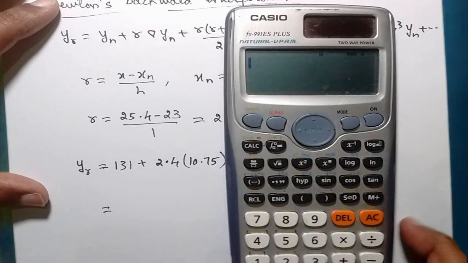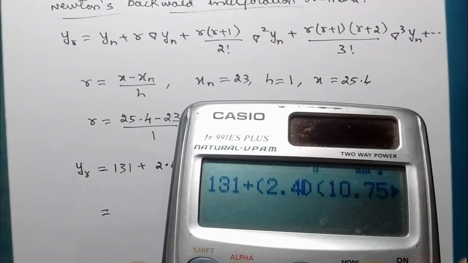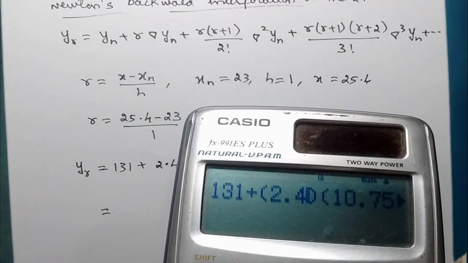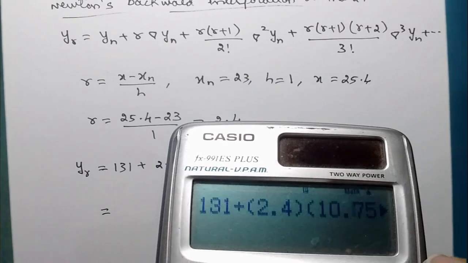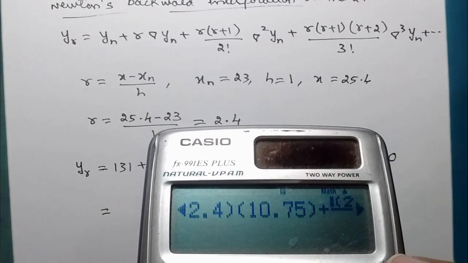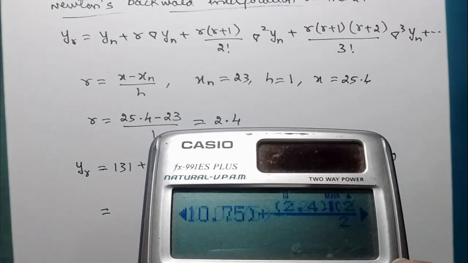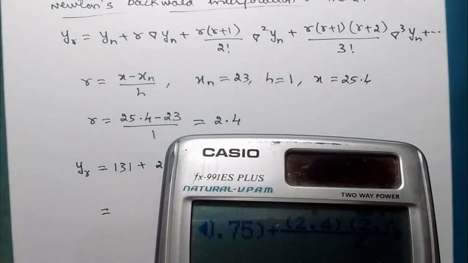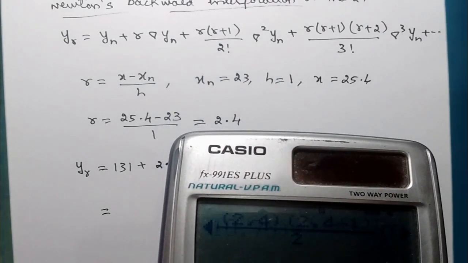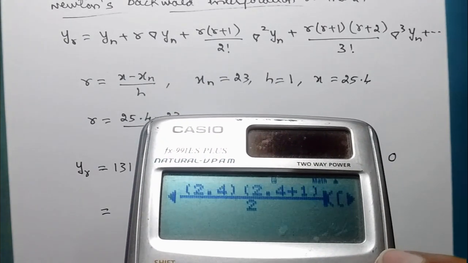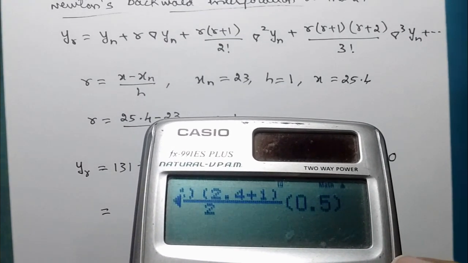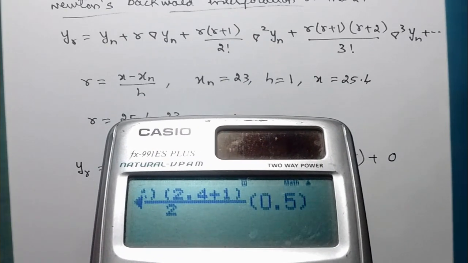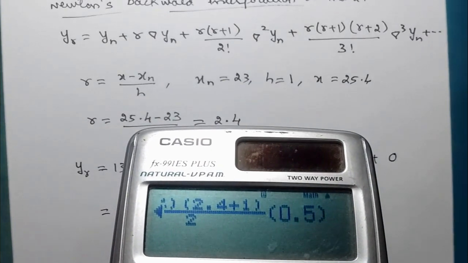I'm just typing it over here. You can see 131 plus it is 2.4 into 10.75, right? Then plus typed it is 2.4 into 2.4 plus 1 divided by 2 into that value you have 0.5 plus the next term is 0, so therefore I have not typed it.